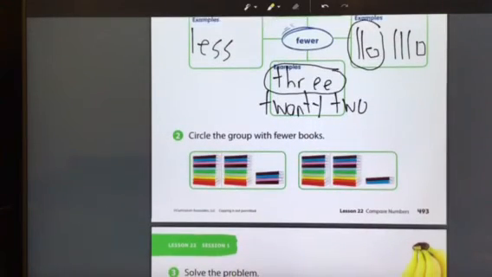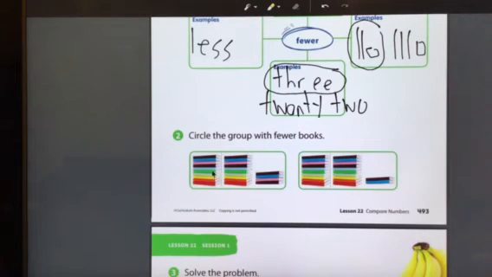Then looking at number 2, it says circle the group with fewer books. Remember when you see something in a stack like this? All you have to do is count that one time to make sure that they're showing you a group of 10. Once you know that's a group of 10, then you can just count these by 10, and you know this would not be a group of 10 because it's not the same size stack.